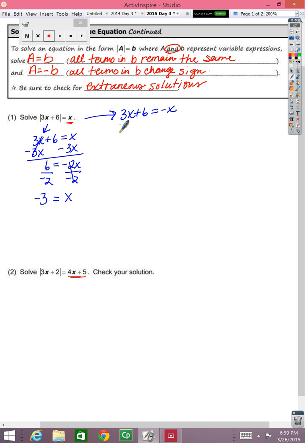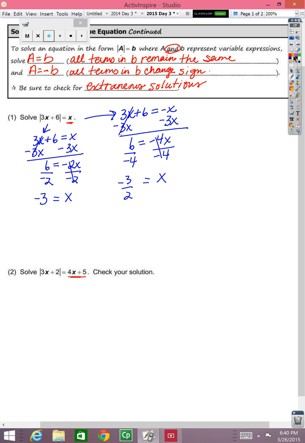And the one on the right, again, start by subtracting 3x. Divide by negative 4. And x is equivalent to negative 3 halves.